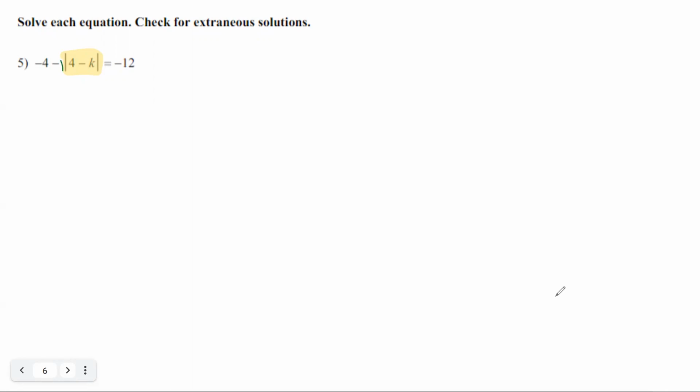So again, we're going to want to use PEMDAS backwards when we want to isolate. So that's SADMEP moving this way. Is there anything we can subtract or add first, then divide or multiply to get our parentheses or our absolute value in this case alone?